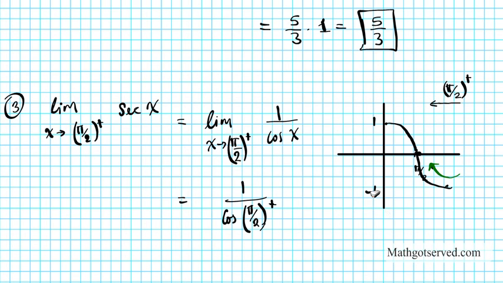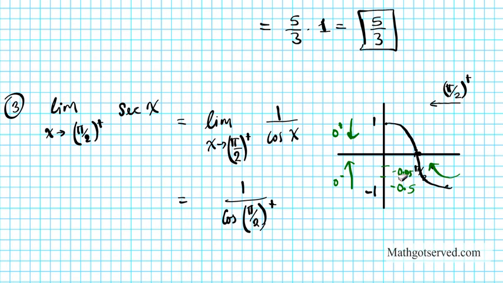Okay? Because if you're approaching from this direction, it's 0 from the left, right? 0 from a negative number, and then if you're approaching from the top, it's going to be 0 from the right. Okay? So we're getting really, really close to a very, very small negative number, right? So we can say like around here is negative 0.5, and then as you get closer, it's like negative 0.05.